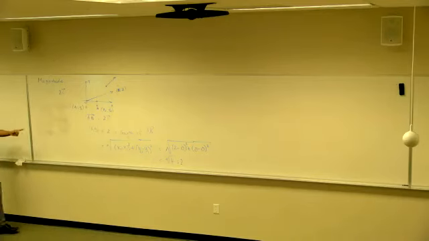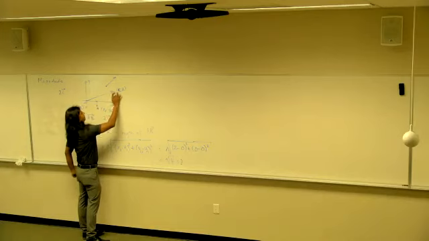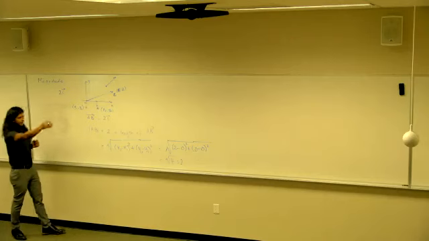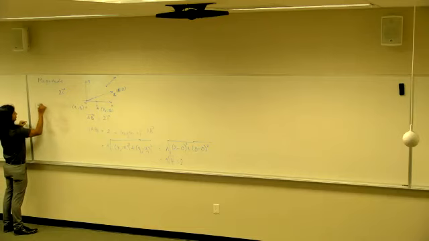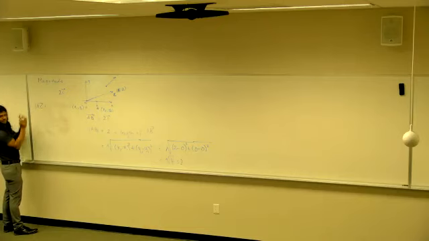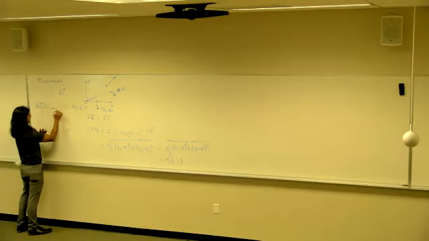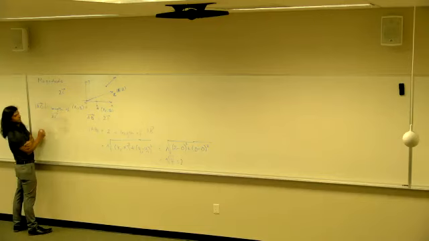Good. So starting point is A, ending point C. So I can write AC vector. Its magnitude is simply length of AC vector.